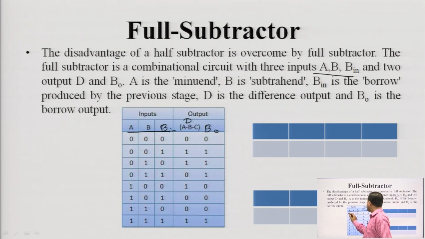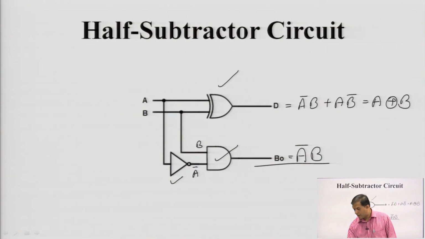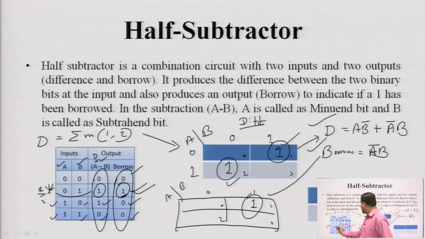So, here 0 minus 0, difference is 0, borrow is 0. So, this is correct. For this one, 0 0, difference 0, borrow 0. Then 0 1, here difference will be 1, borrow will be 1.